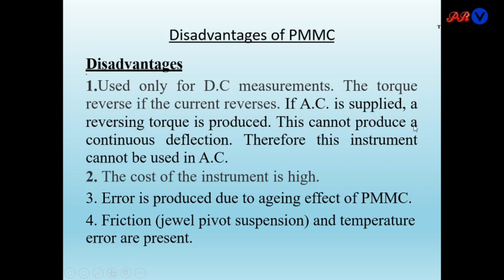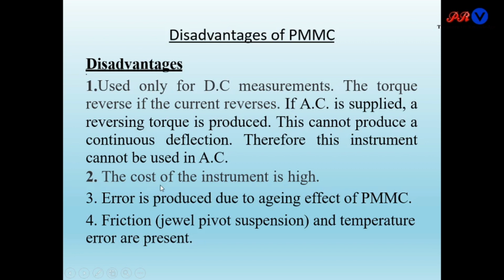This cannot produce a continuous deflection, because when the pointer moves in the right direction, when the trough comes, the pointer will move in the left direction. In this way it will not provide a continuous deflection. Therefore this instrument cannot be used in AC.